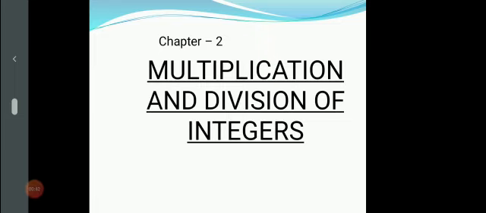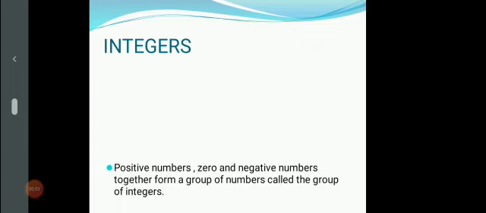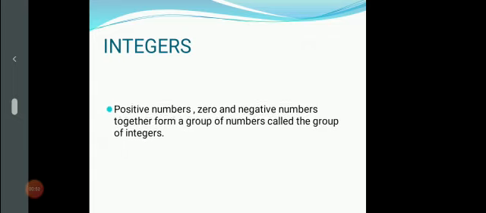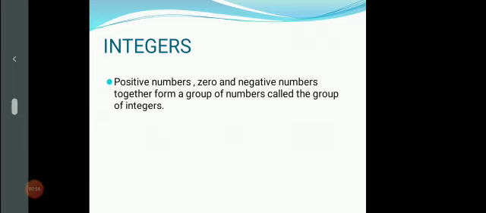So first of all, we revise what the integers are. You already studied this in the standard 6th. What are the integers? Positive numbers, 0 and negative numbers together form a group of numbers called the group of integers.